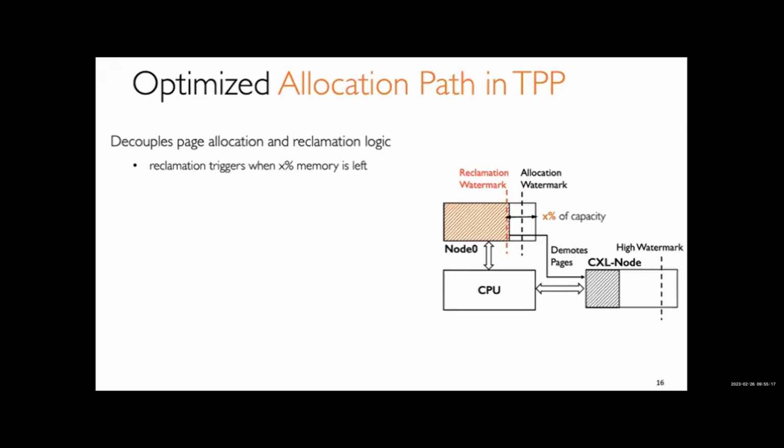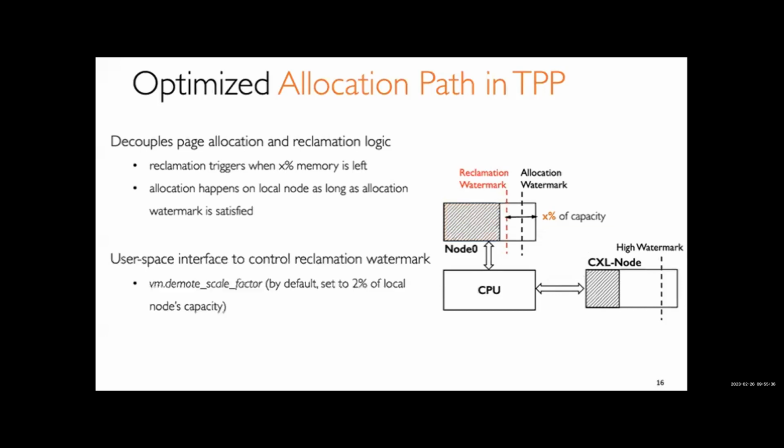And when this reclamation happens, allocations to the local node can happen simultaneously as long as the free memory does not cross the allocation watermark. This allocation watermark is kept lower than the reclamation one, so that allocations can happen even if a smaller amount of free memory is available. This extra headroom allows reclamation to catch up with any burst in allocation requests, which eventually helps more pages end up in the faster local node.